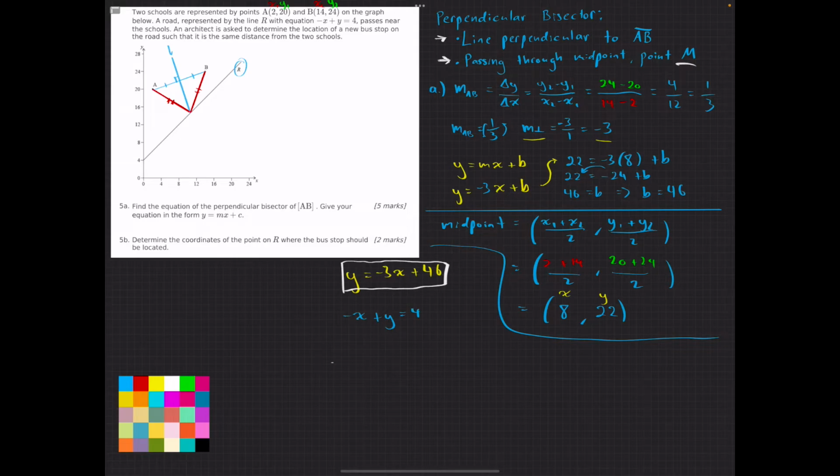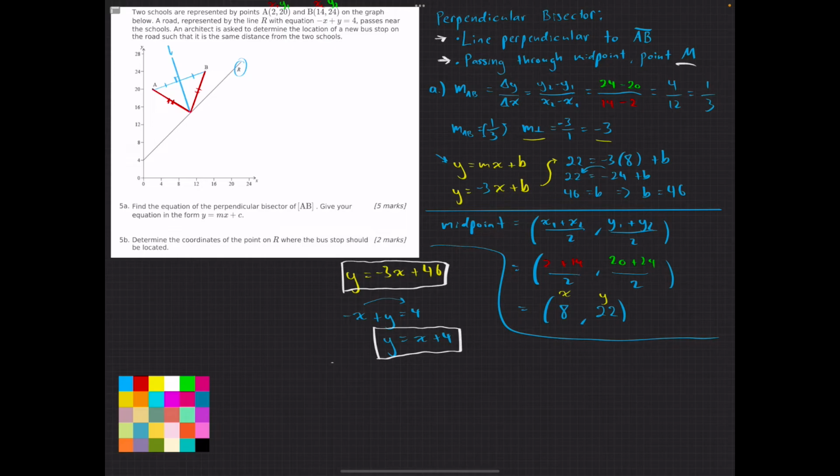These numbers look okay, so we could solve this algebraically, but if we're finding a pair of coordinates, sometimes it's quicker just to graph these. To graph these, we need an equation in the form of y equals mx plus b. This is almost there, but we have to bring this negative x over here, so it becomes x plus 4. So now we've got two equations: y is equal to negative 3x plus 46, and y is equal to x plus 4.